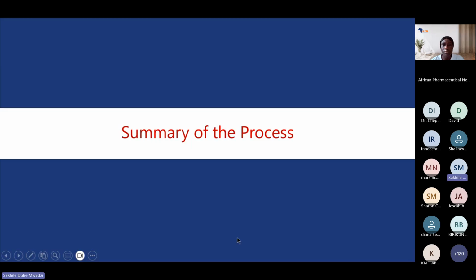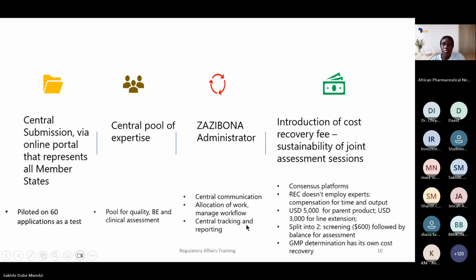So now let's move on to the real thing that everybody's interested in hearing about today. So when we centralized this process, which I already mentioned we started piloting last year, we piloted this with about 60 applications. We then said that you no longer have to go to the individual countries to lodge your application.